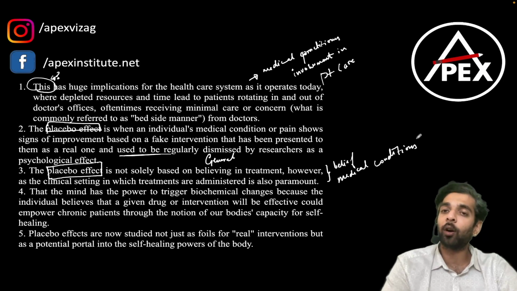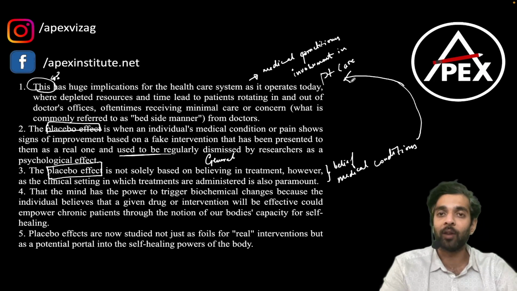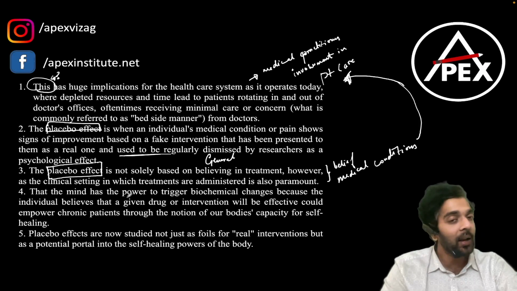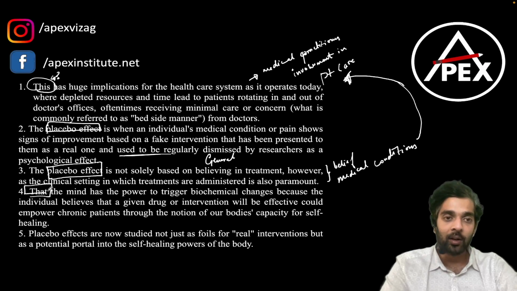And where did we talk about medical conditions? I think we spoke about medical conditions all the way here in statement number 1, correct? So there could be a possible link between 3 and 1. Now here, that the mind has the power to trigger biochemical changes. Okay, why that the mind? Again, this is a little bit of a question mark for us.